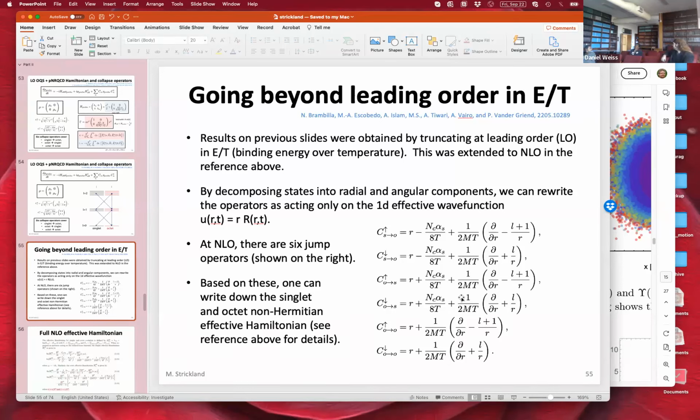So I wanted to ask about the jump operators. There's that first term you mentioned, the R, which would increase the width when it acts on the wave function.